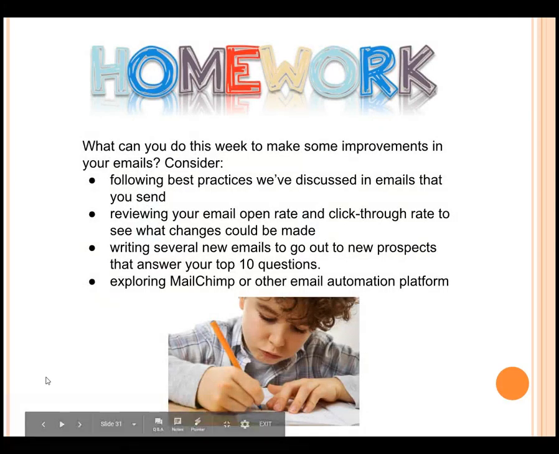Homework this week. The homework this week is not like last week's where I said, hey, do this, do that. This is more like, think about what you've covered today, and look for areas you can make improvements. I'm not expecting that this week you're going to put together a whole advanced email marketing campaign.